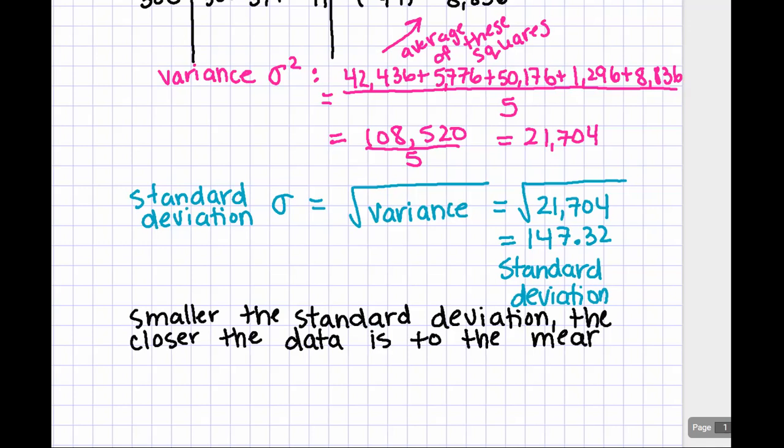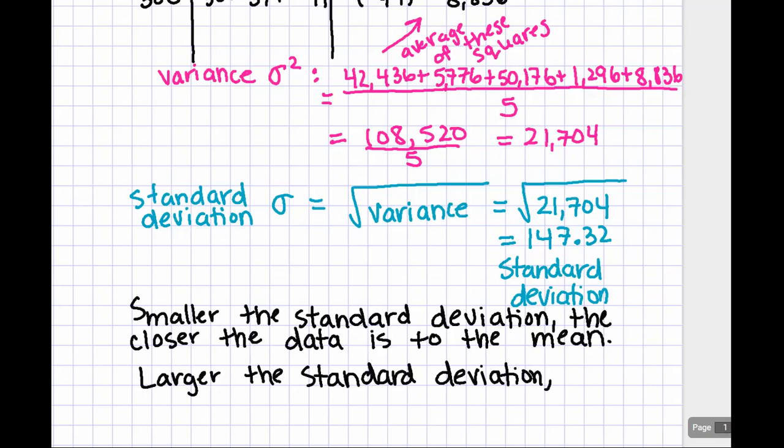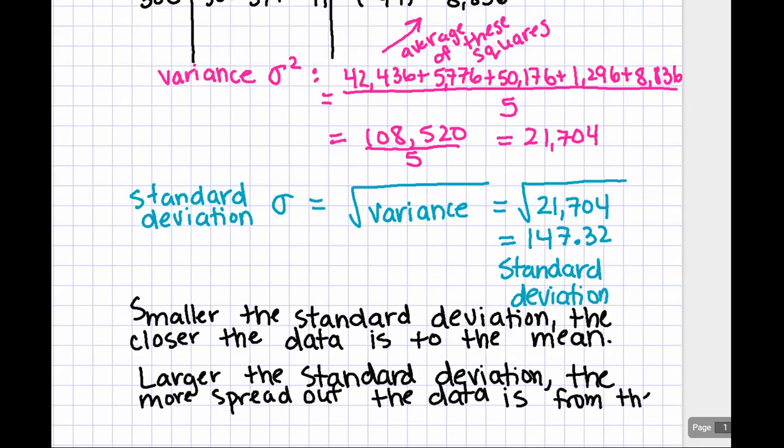And the larger the standard deviation, the more spread out the data is from the mean. Okay, and that's standard deviation.